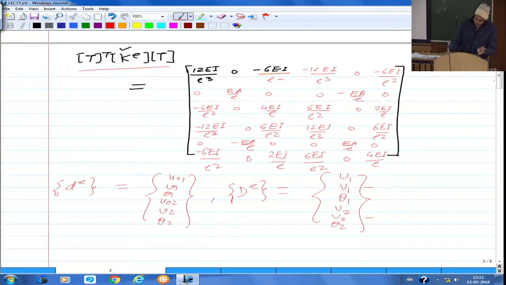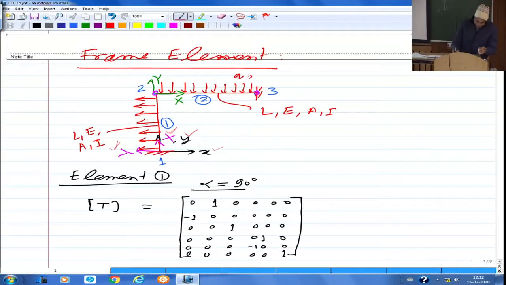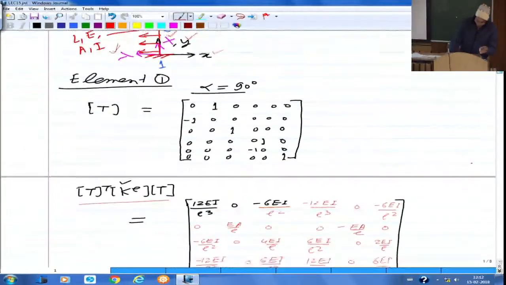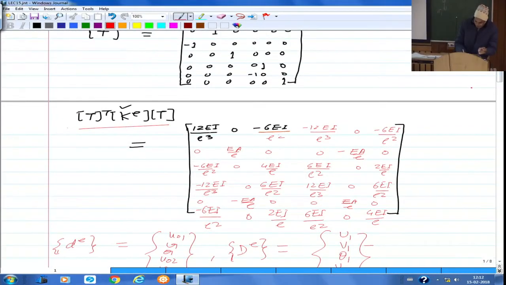And then if you look at the bending, the global x axis is along the negative local y axis, which is the bending direction. So you would find that the diagonal terms of course remain positive, but there is a change in the sign of this.